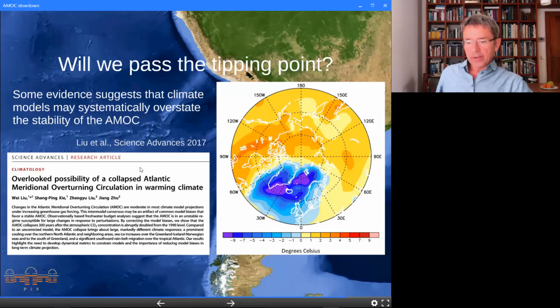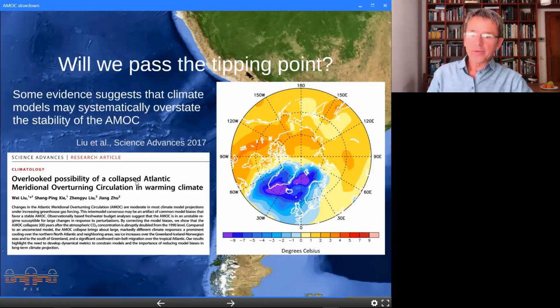But also another issue is that there is evidence from a number of papers, one of them by Matthias Hofmann, for example, and this recent one by Lee et al., suggesting that many climate models systematically overestimate the stability of the system because of certain errors in the salinity distribution in the Atlantic, etc. And Lee and colleagues here fix the salinity errors, albeit with a flux adjustment, to make the Atlantic more realistic in accordance with data.